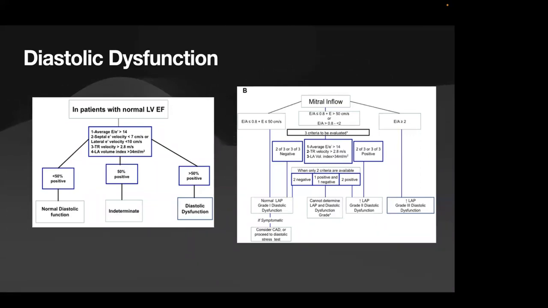Going from indeterminate and then using your E to A's is something that many advanced cardiologists would use. Let's say we're staying in the left panel here, normal LVEF but indeterminate diastolic function. Many experts would say you could still visualize your E's and your A's and make an assessment of what you think the filling patterns may be like.